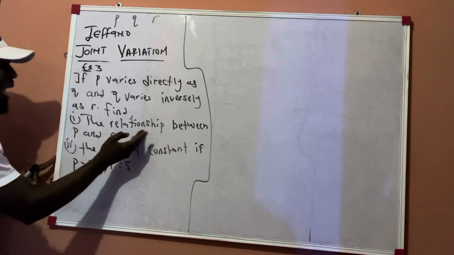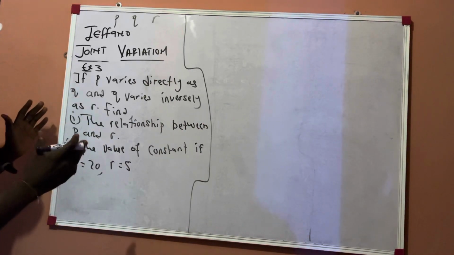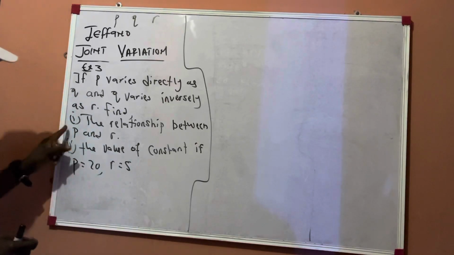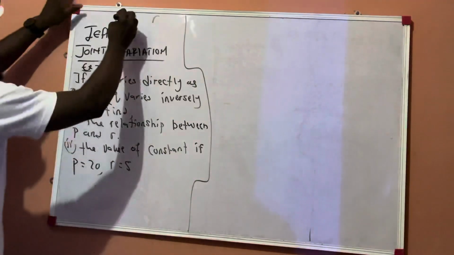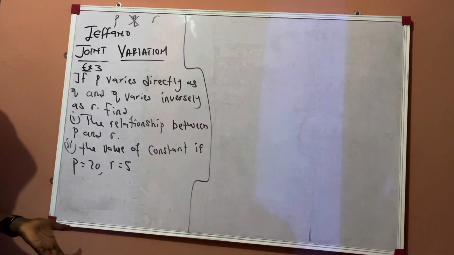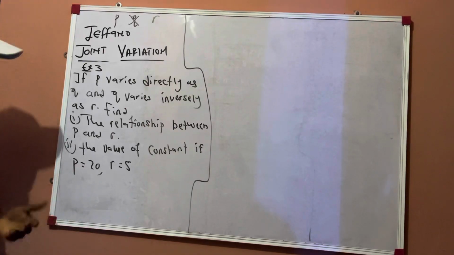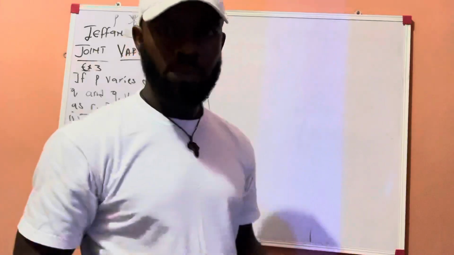Find the relationship between P and R. They have narrowed these 3 variables to become 2, P and R. So, what are they telling us to do? Eliminate Q from the math. Make sure there's no Q. Because if they wanted Q, they would say, find the relationship between P, Q, and R.